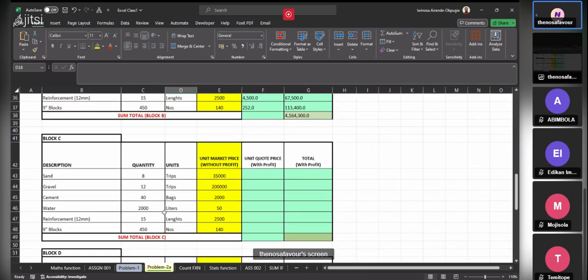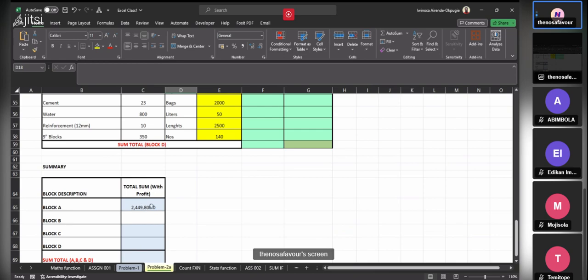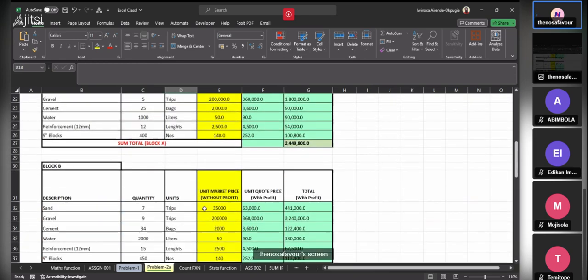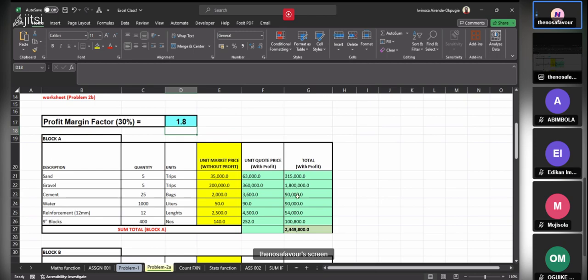Even the summary table has changed. Because we have linked each cell to the other, we don't need to come here and effect all of the formulas again. All we need to do is change the margin factor to our desired outcome, and everything changes.